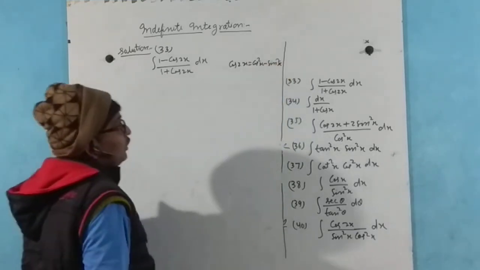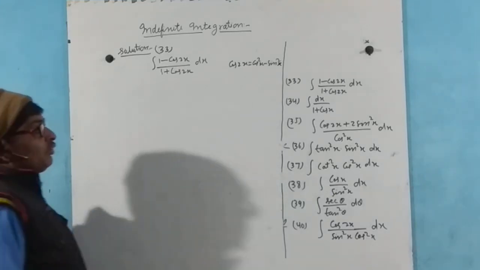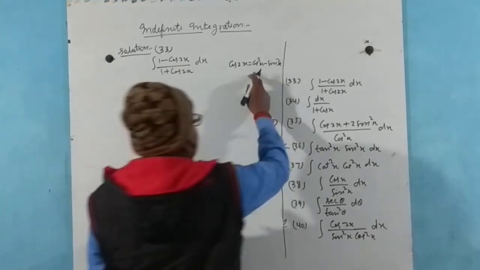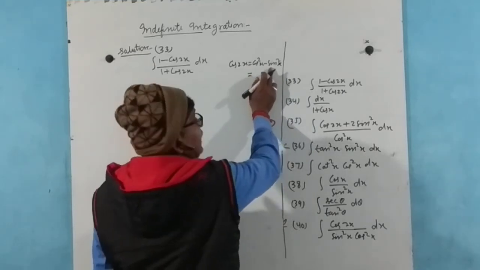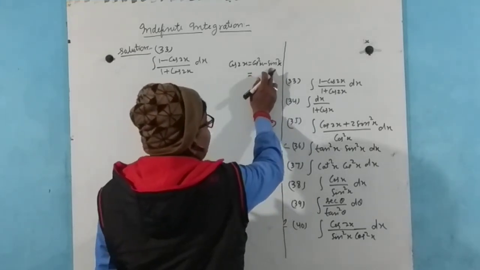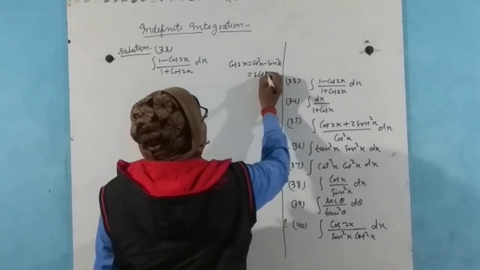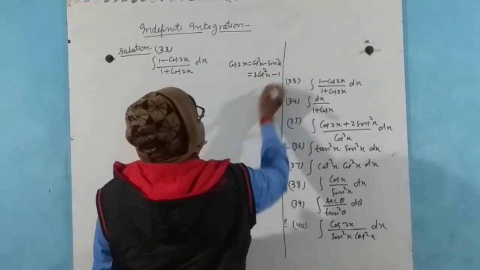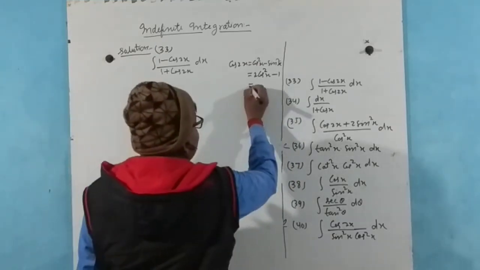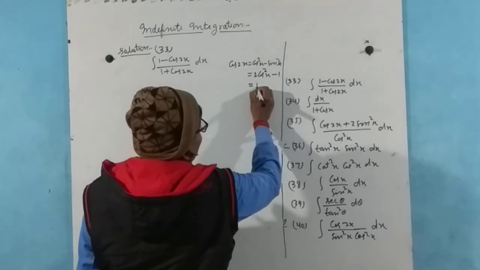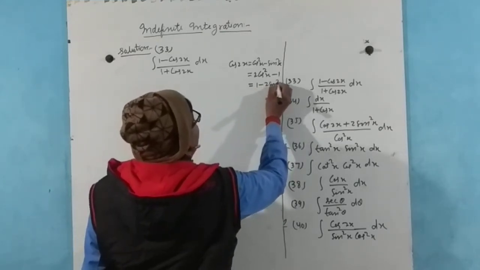As you know sin square theta plus cos square theta equals 1, so we can write cos 2x as 2 cos square x minus 1, and this can also be written as 1 minus 2 sin square x.